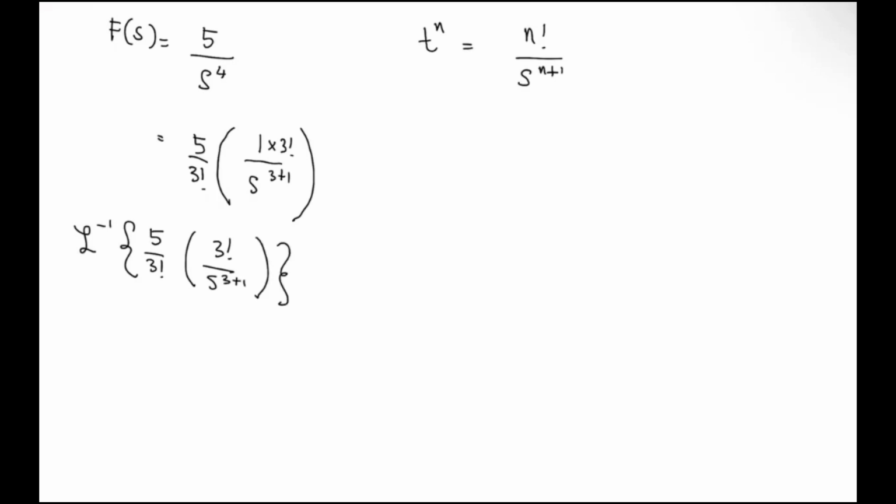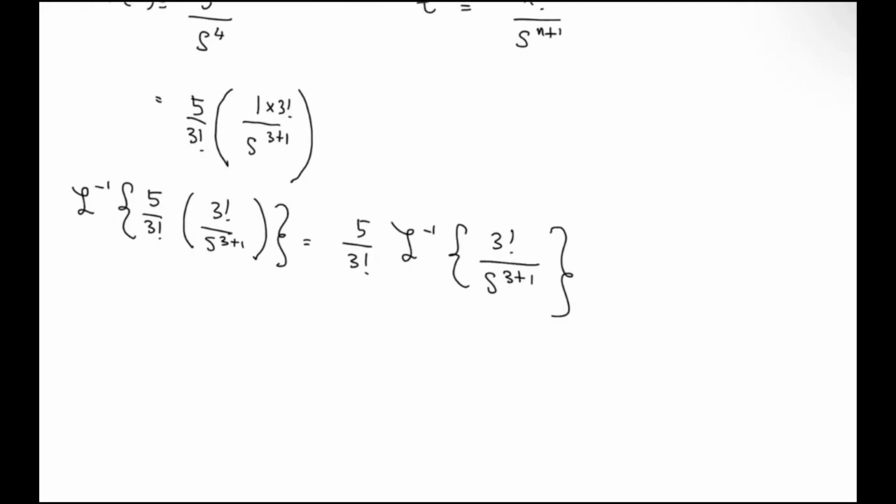So we can use the properties of Laplace. 5 over 3 factorial you can put outside, times the inverse of 3 factorial over s^(3+1).